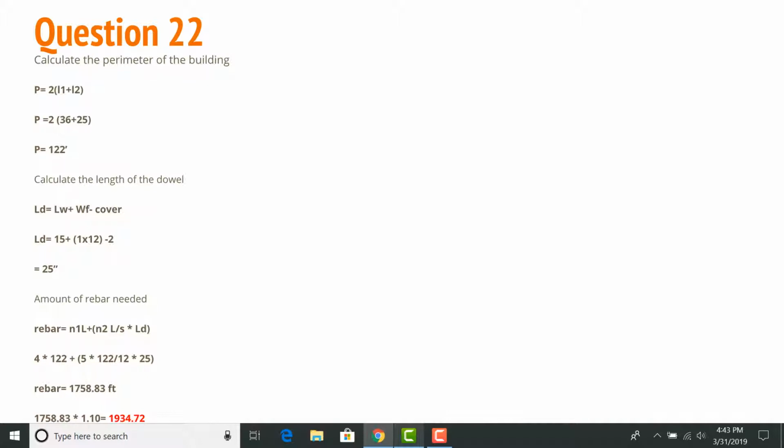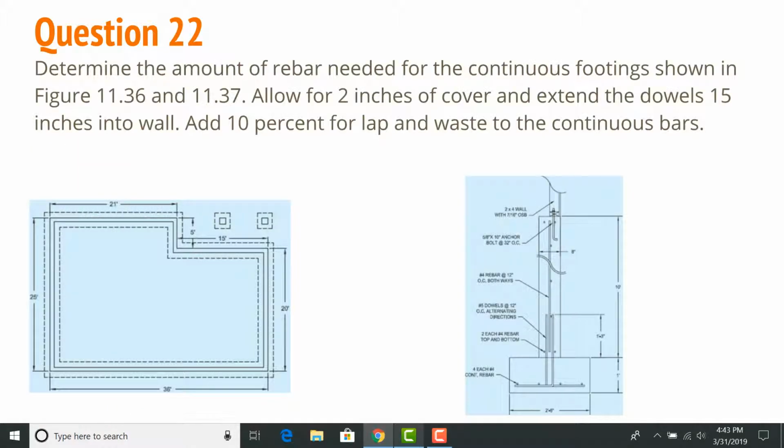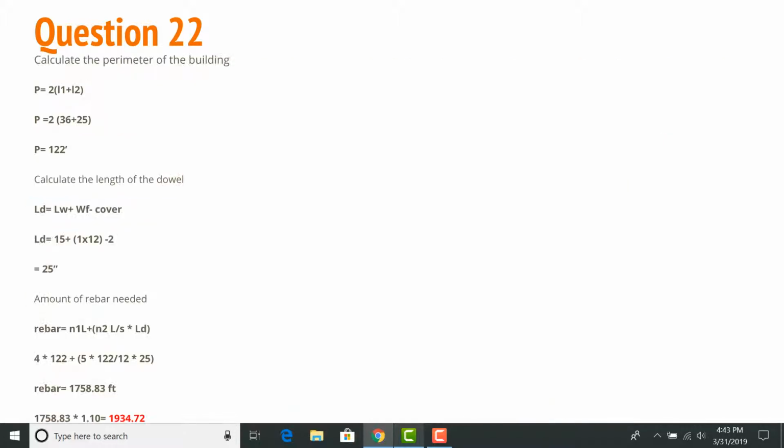So the length of the wall right here was 15 inches, and then we add that to our width of the footing, which is 1 times 12, minus the cover 2, and we get 25 inches.